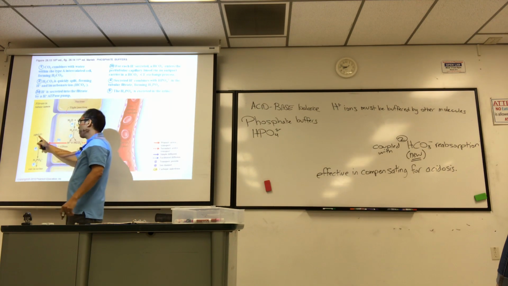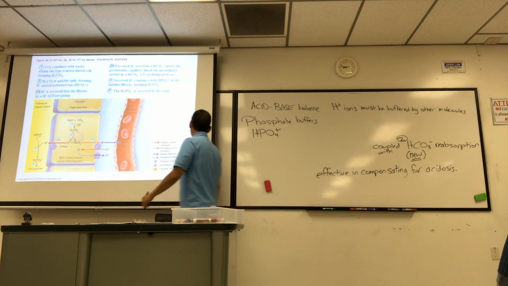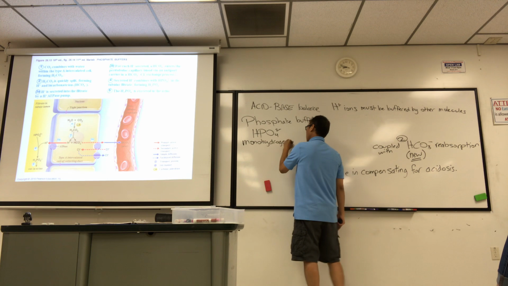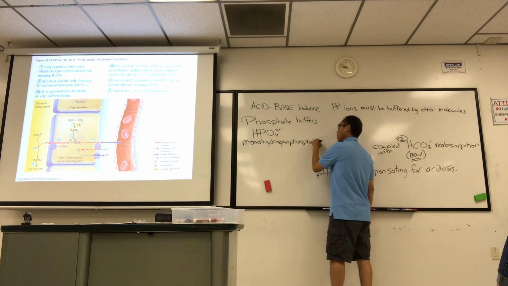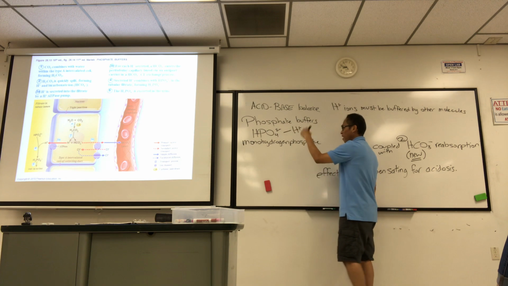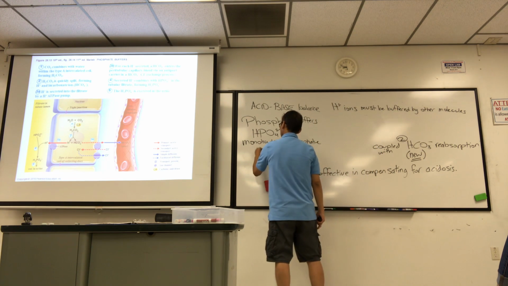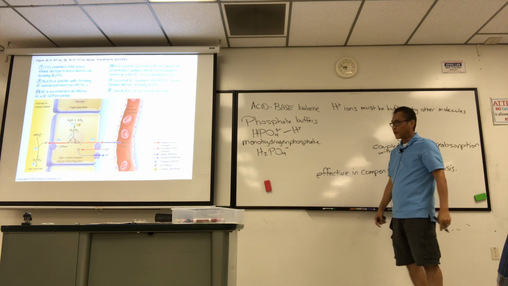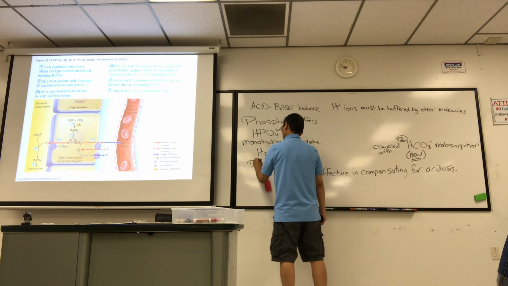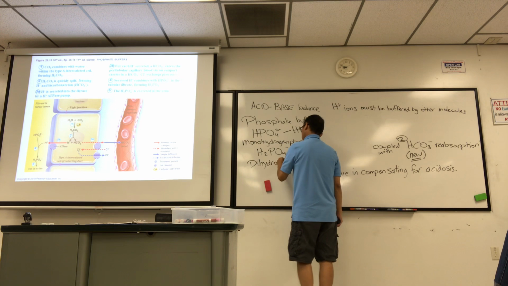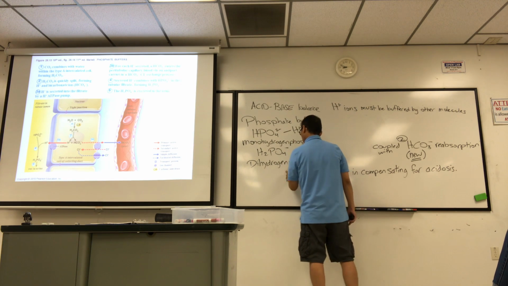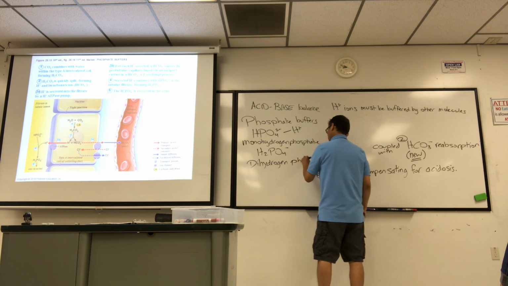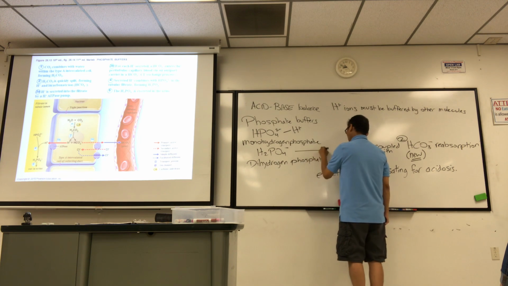That's called monohydrogen phosphate. But if you stick a hydrogen ion on it, it becomes H2PO4 negative sign, dihydrogen phosphate. Okay, that's the molecule that's excreted.